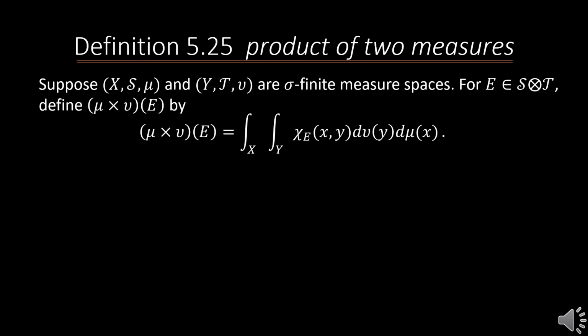We now have everything we need to define the product of two measures, as we do in definition 5.25. We suppose that X, S, mu and Y, T, nu are sigma finite measure spaces.